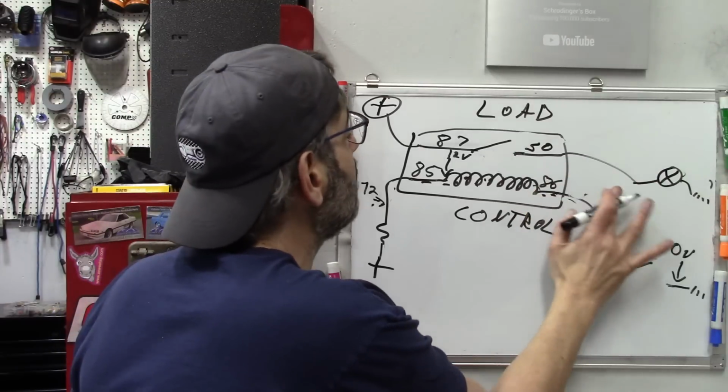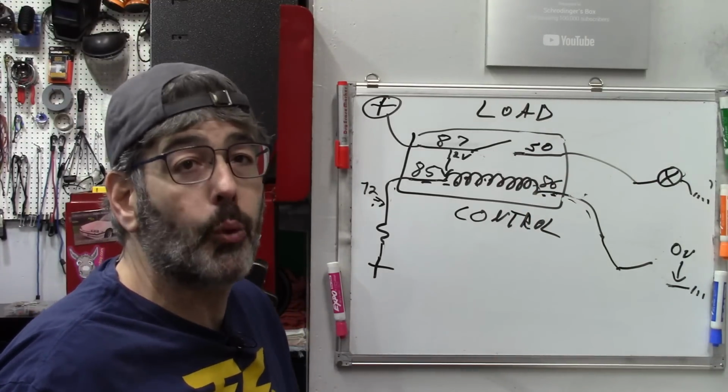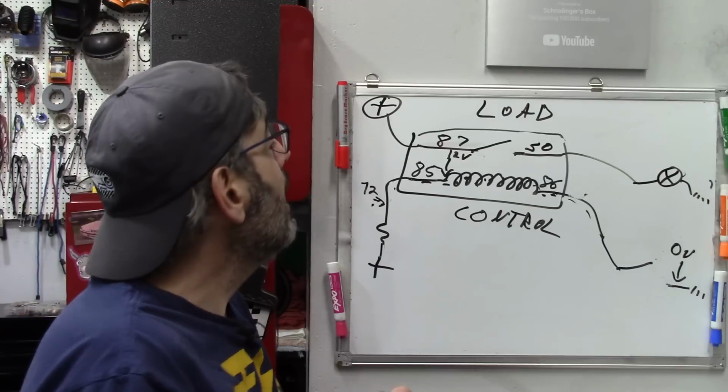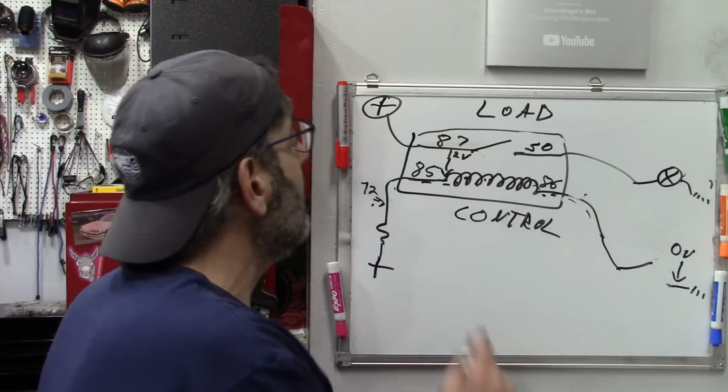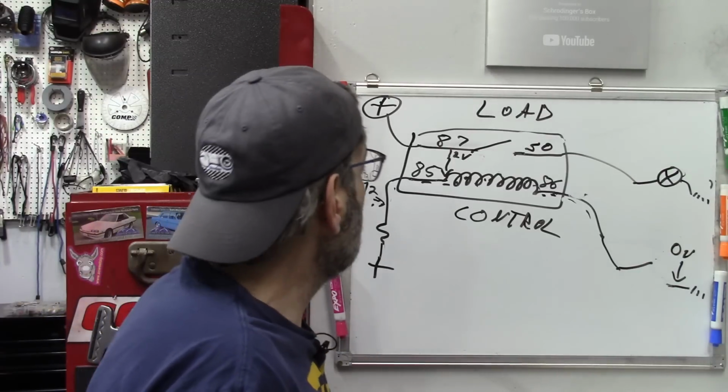All right, so again, we've got a lot more detail under diagnosis and understanding of relays on this channel that will explain this a lot more thoroughly. But given this, we now know what we want to do to look at this testing.